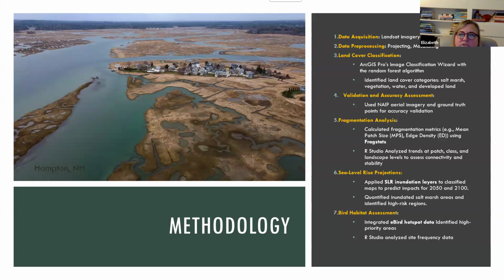So then I went backwards from there 25 years. I broke this down into my land cover classification, accuracy assessment, the fragmentation analysis, where I used FragStats and RStudio, my sea level projections, and then the bird habitat assessment.